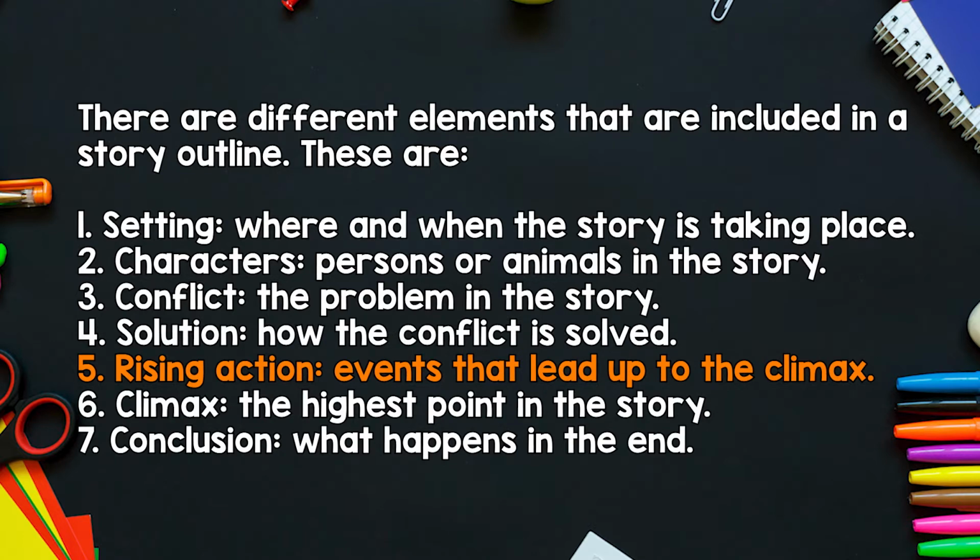We have the rising action, or I like to say the high point, events that lead up to the climax. Then we have the climax, which is the highest point of the story. And finally, to end the story, we have our conclusion, which is what happens in the end. Now, you might want to say that climax and conflict go hand in hand. Sometimes they do, sometimes they can be a little different.